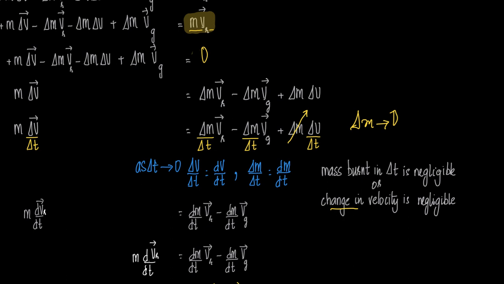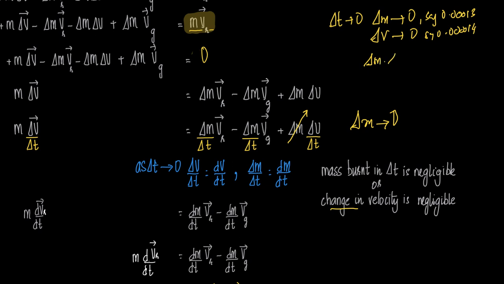In other words, as delta t tends to 0, delta m also tends to 0, and delta v also tends to 0. Or let us say, for example, this is 0.000013 seconds and this is 0.000014, and therefore what will be delta m and delta v?